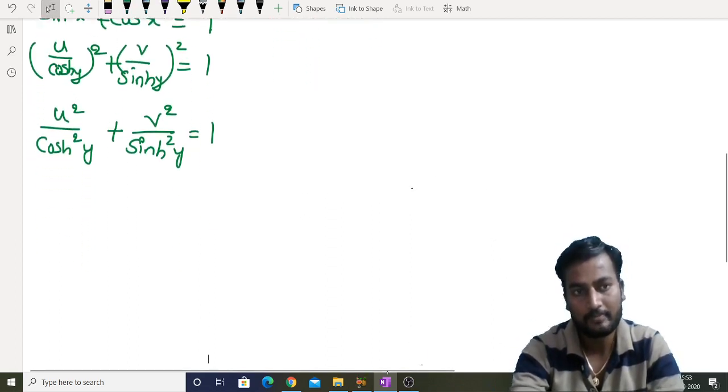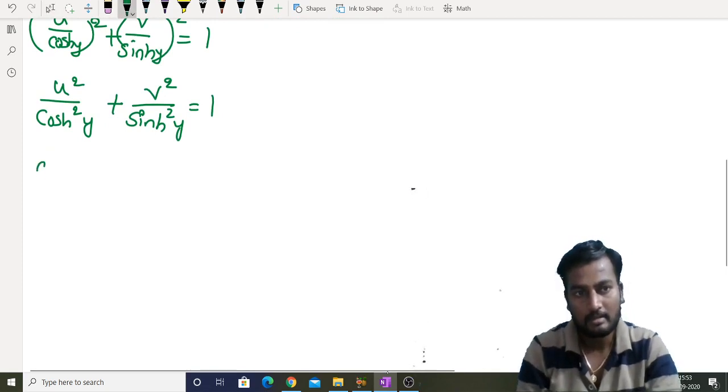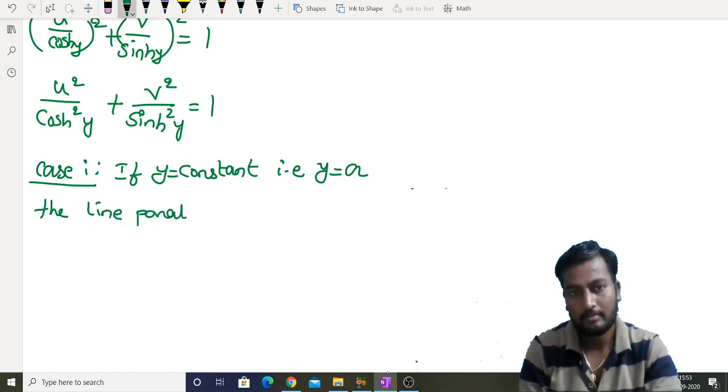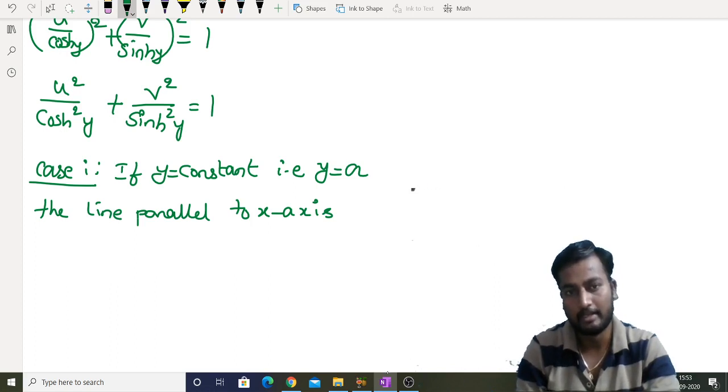Then see case 1. If y equal to constant, that is y equal to some a, the line parallel to the x-axis is mapped to what you have to find.